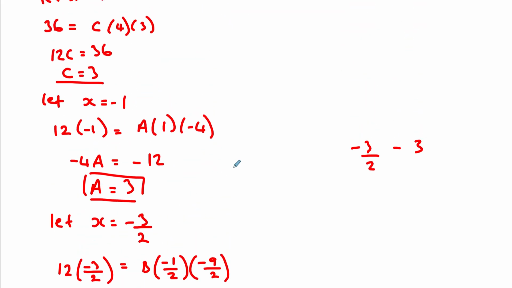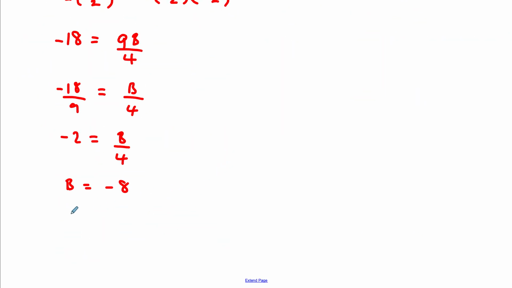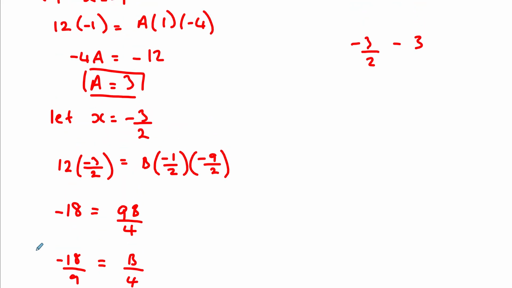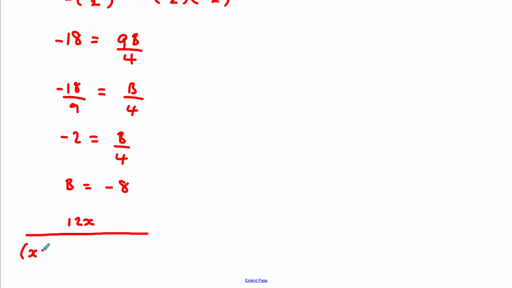So then our 3-term partial fraction is 12x. Remember to write your answer down. 12x over the brackets, what were they? x plus 1, 2x plus 3, and x minus 3 is equal to, it was 3 over x plus 1.